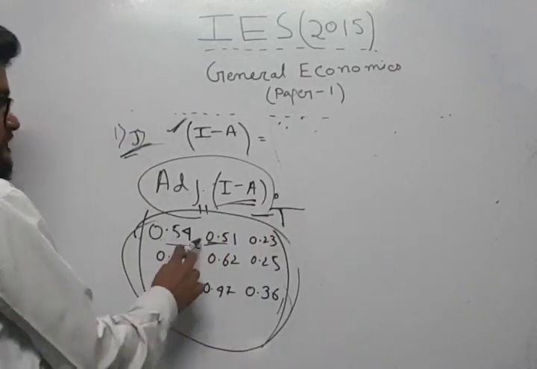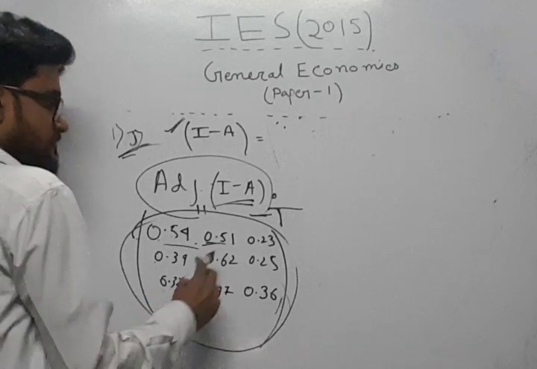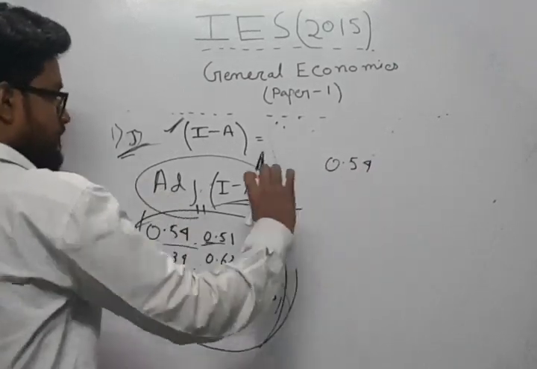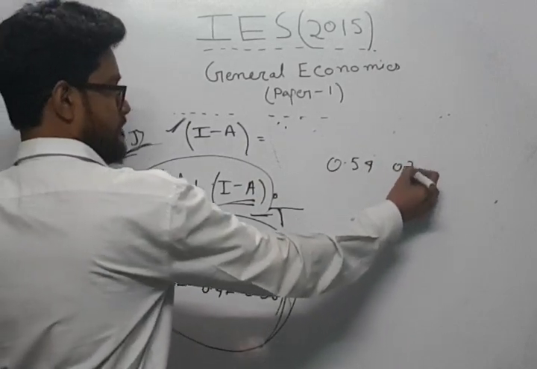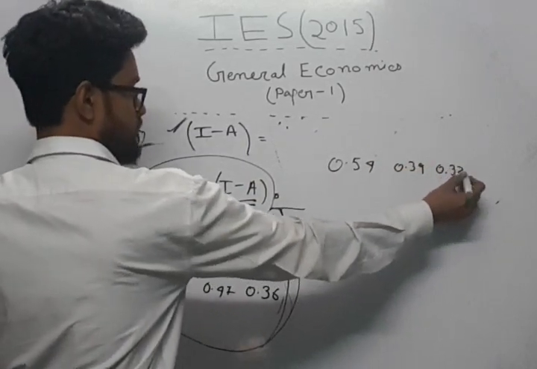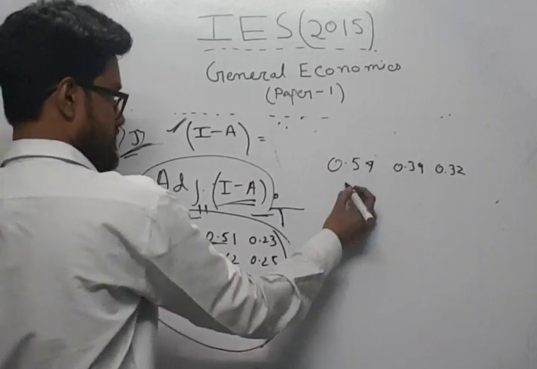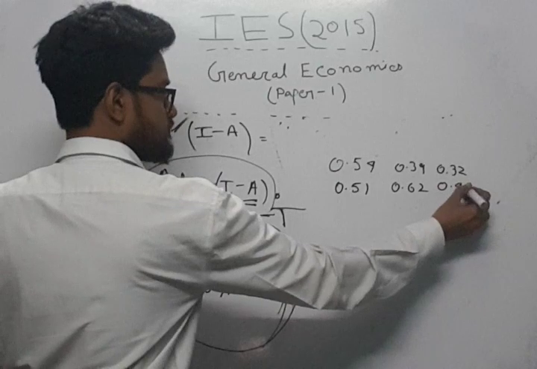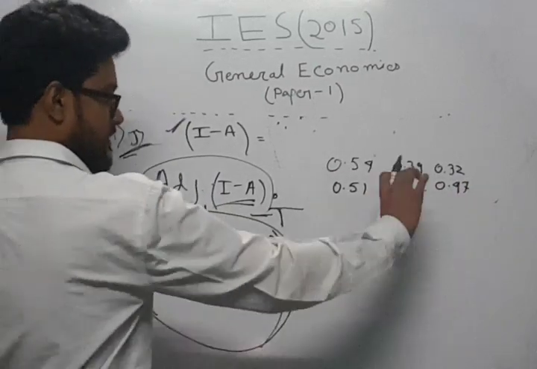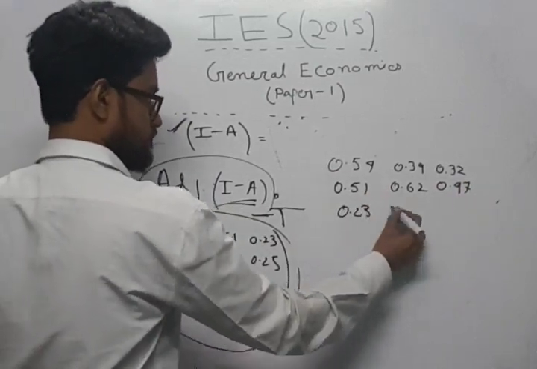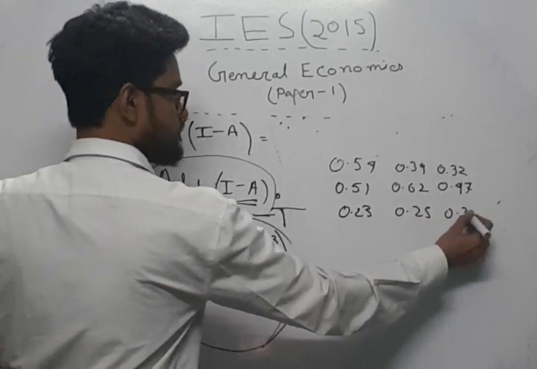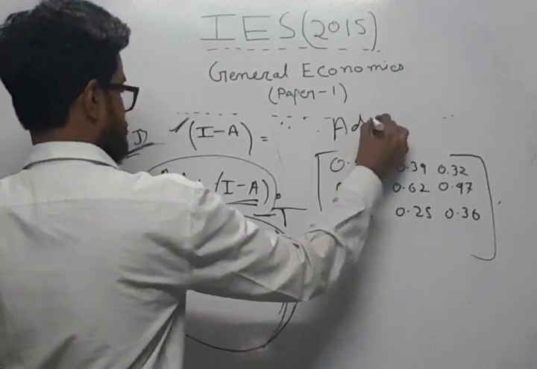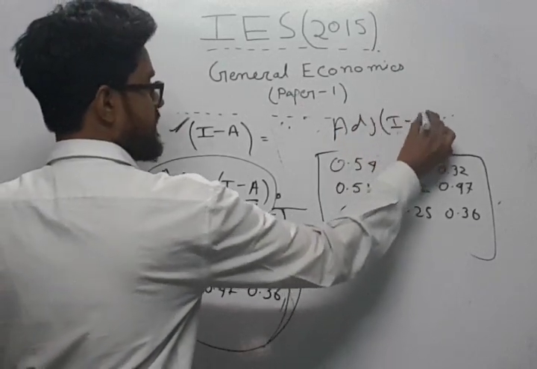See, it is 0.54, 0.39, 0.32 here. So we'll write 0.54. The column will become a row. And this term will become like this, and this term will become like this. So this is nothing but the adjoint of (I minus A).